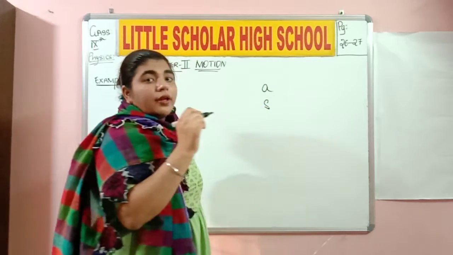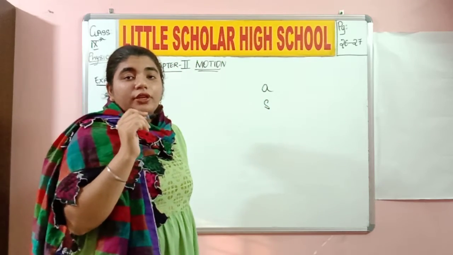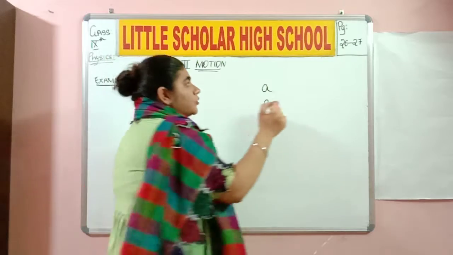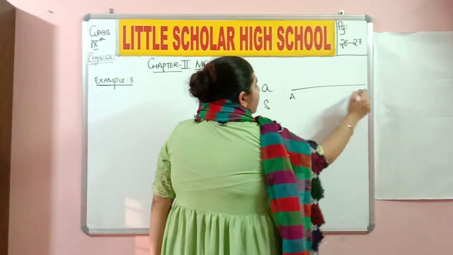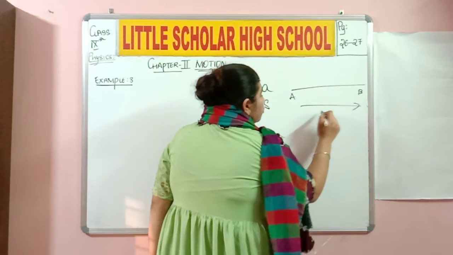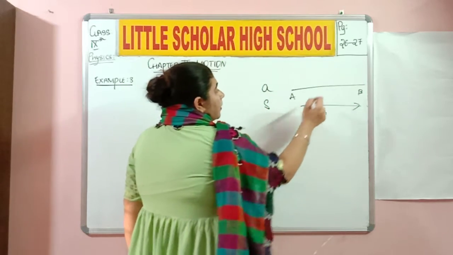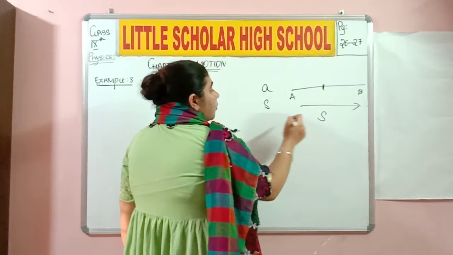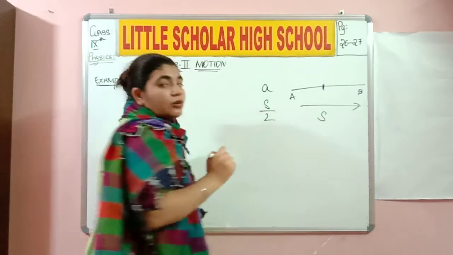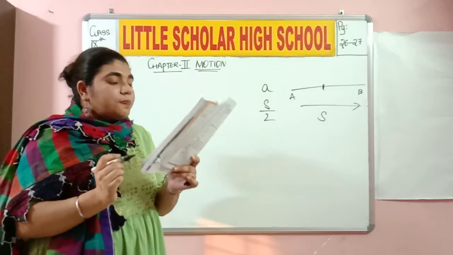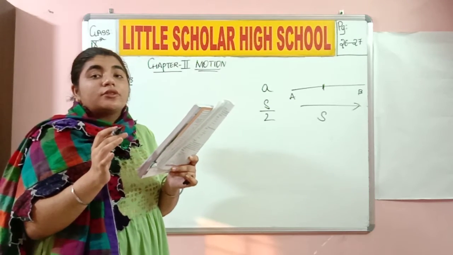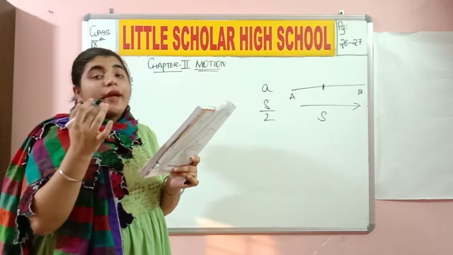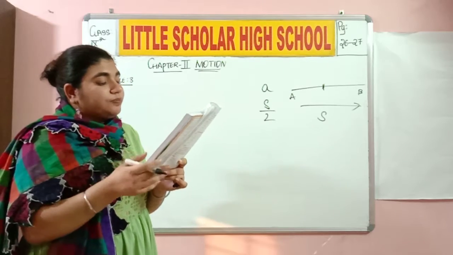But they are saying that the body reaches the midpoint of a straight line. If this was point A and this was point B, and from A to B is the distance that needs to be covered, which is s, but the object has reached just the midpoint, so the distance will be written as s by 2. The speeds u and v are nothing but the initial and final velocity respectively.